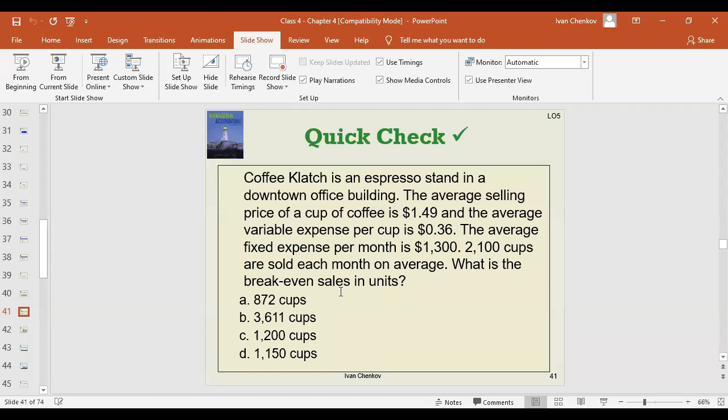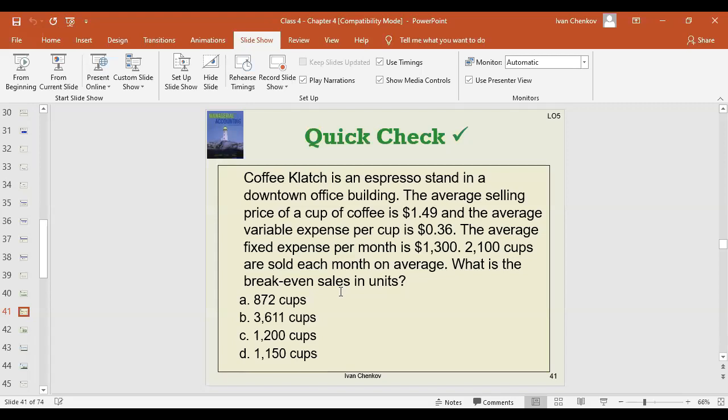Excellent. Who is next? I need one more confirmation on this number. You're correct, I'm just waiting for one more number. What will be the calculation? 1,300 divided by 1.13.